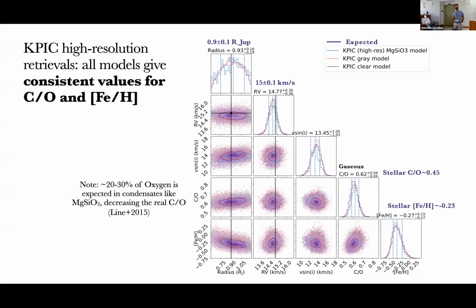And most importantly, we want to compare the C to O ratio and metallicity of the object with its star. So in this case, we see that the metallicity already matches pretty well, whereas the C to O ratio seems slightly higher.